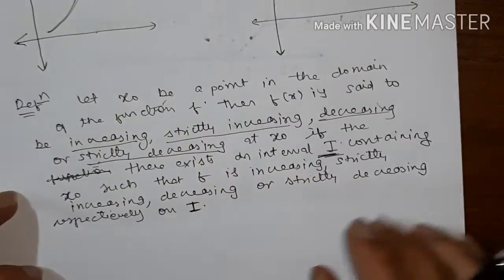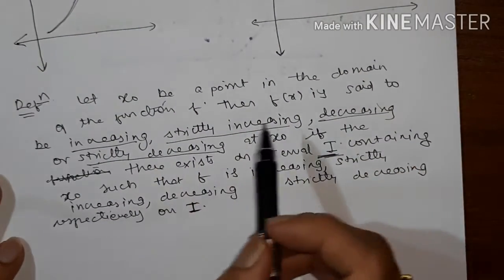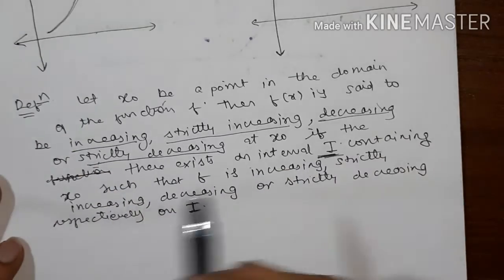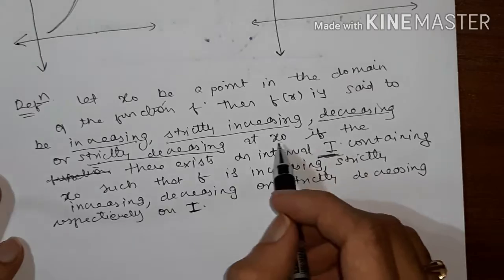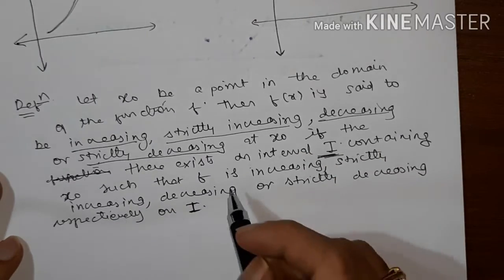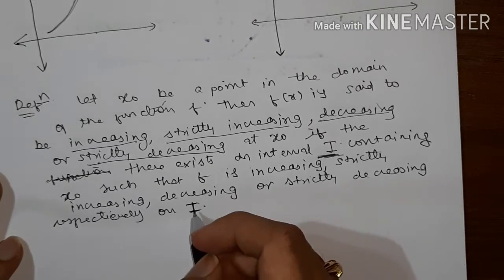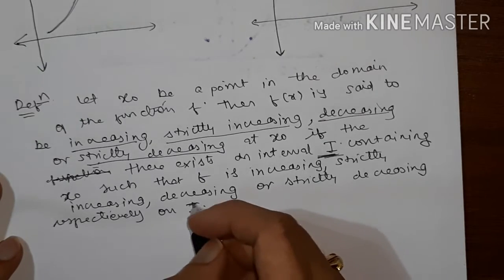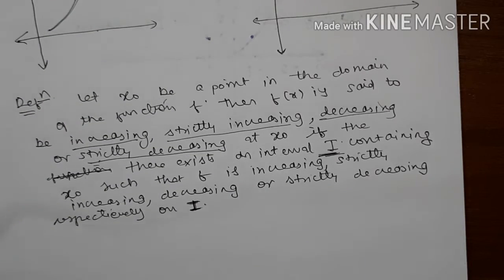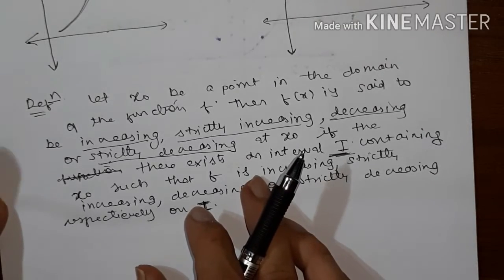So this definition you have understood. Let x naught be a point in the domain of the function f, then f(x) is said to be increasing, strictly increasing, decreasing, or strictly decreasing at x naught if there exists an interval I containing x naught such that f is increasing, strictly increasing, decreasing, or strictly decreasing on I. This definition which you have studied just now, you have to know properly here.